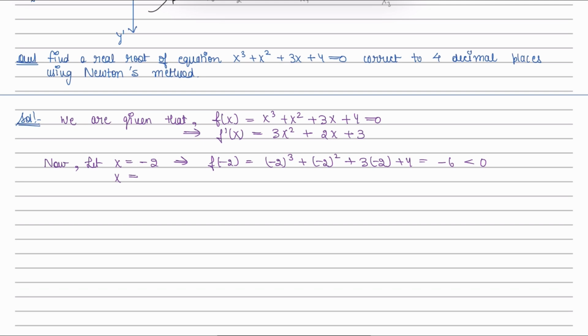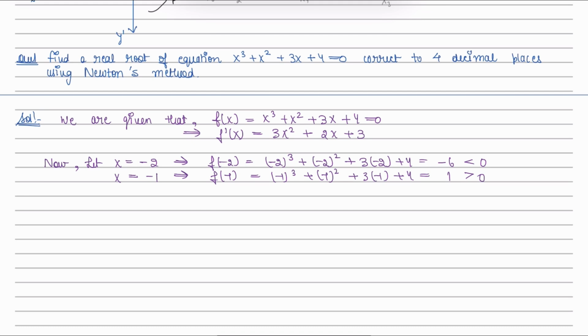And for value of x as minus 1, function value becomes one, which is positive.